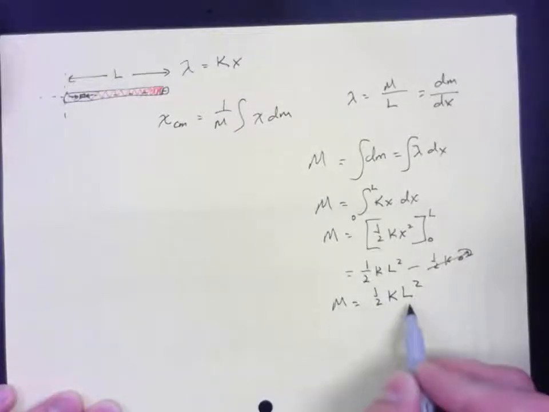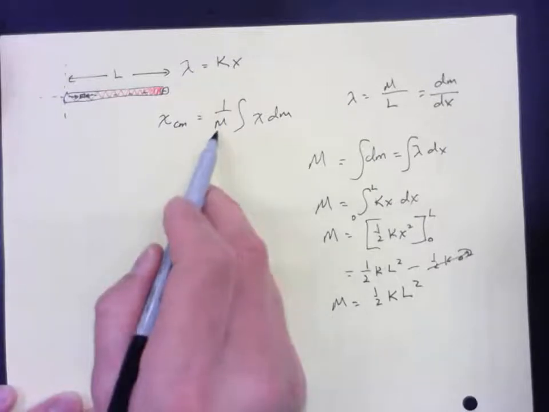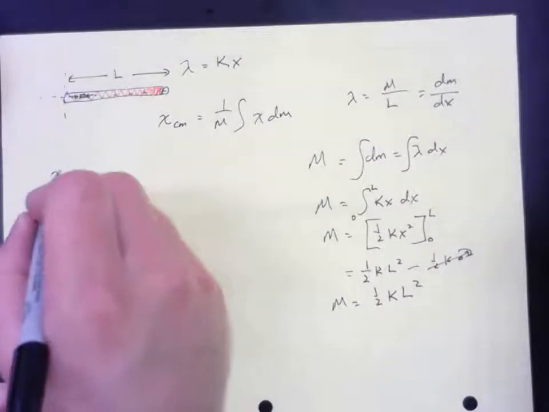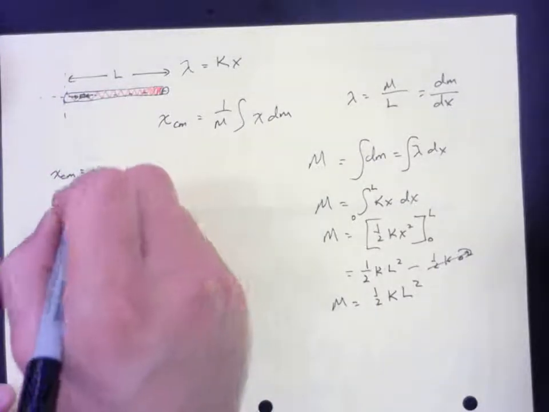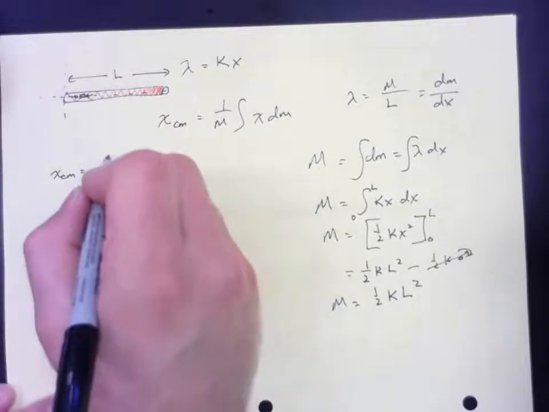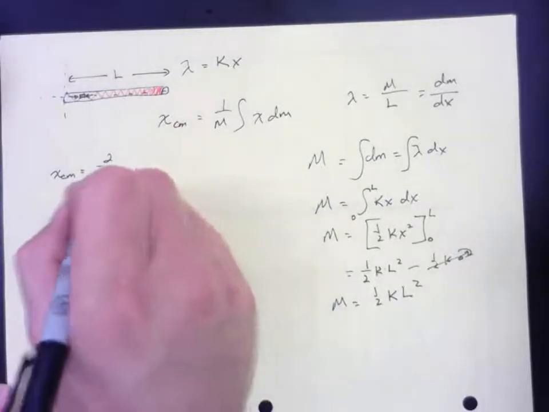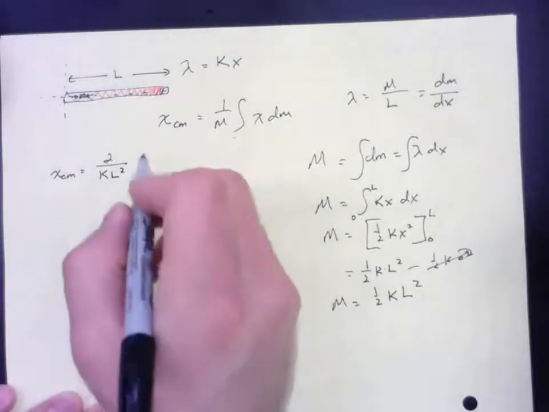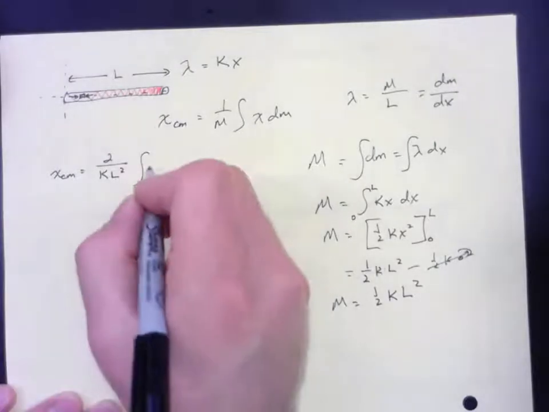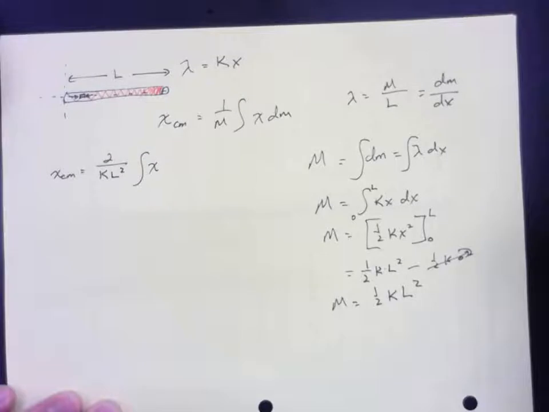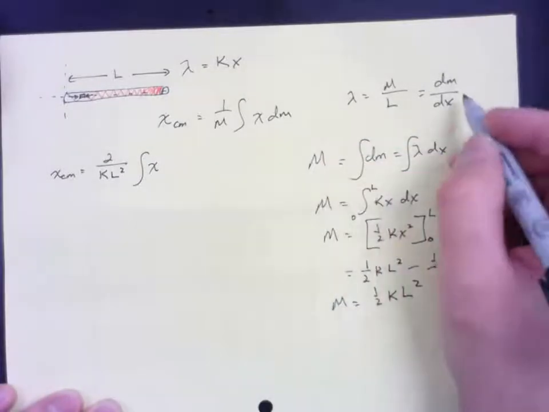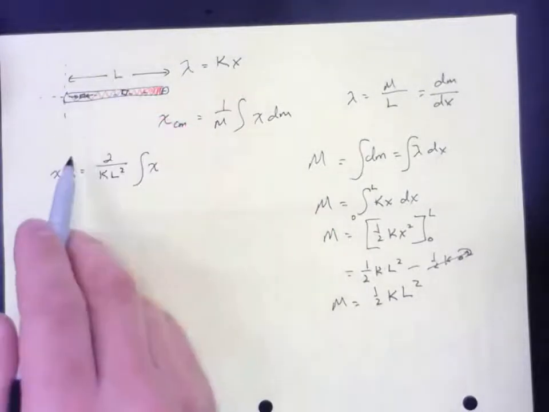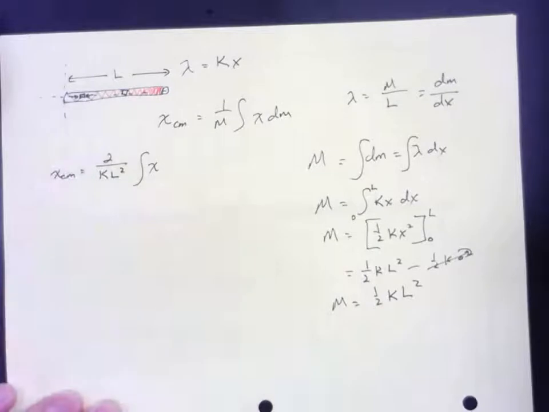So now that we know the total mass, we can actually make that substitution so that the xcm is equal to, if it's 1/2, that's going to be 2 over kL squared. And that's outside of the integral. And we have x, but we don't know the little mass, but we know that that little piece of mass value depends on the density at that location.